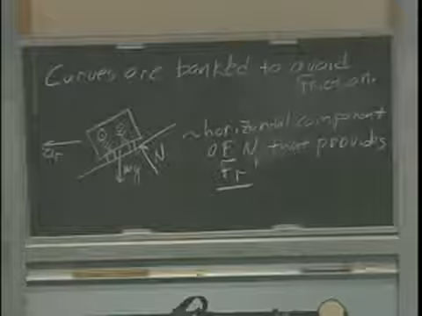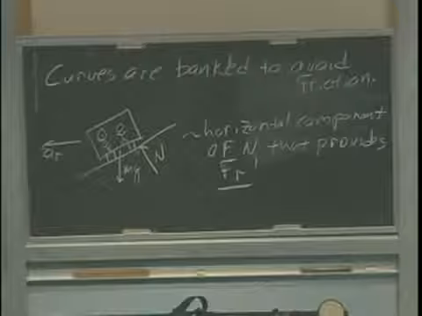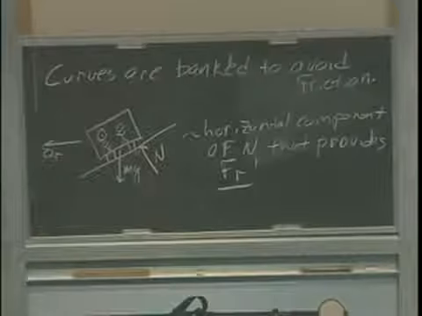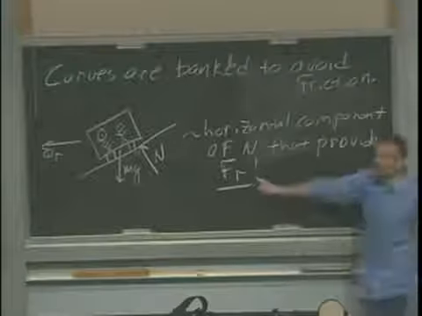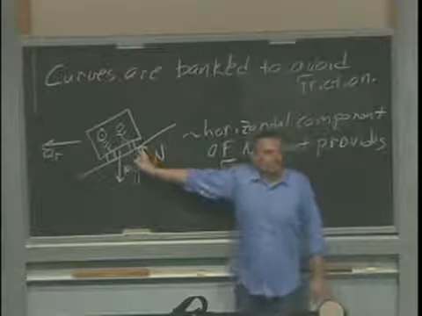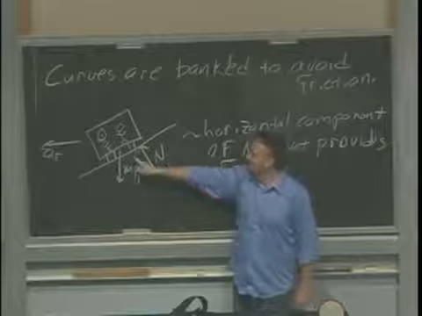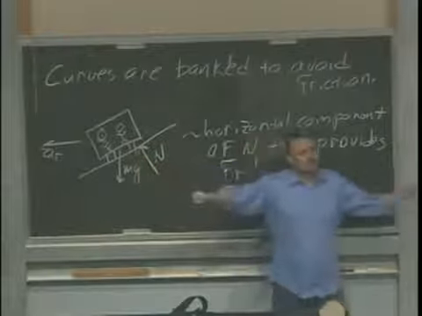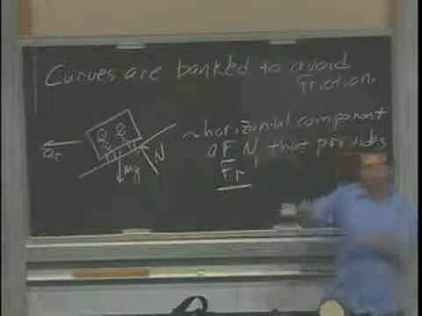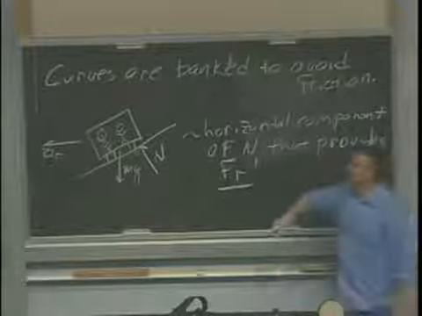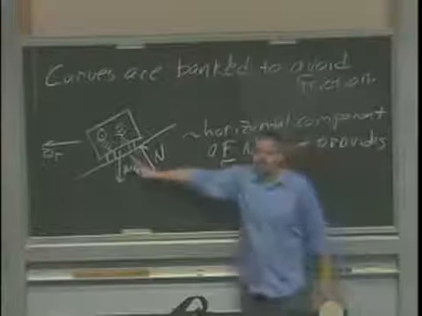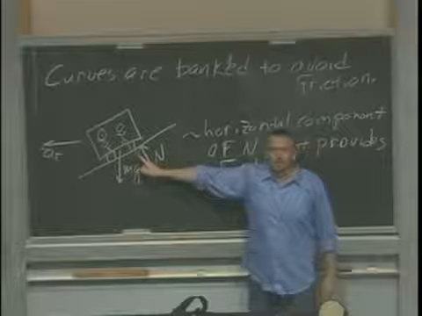That's because they designed this curve so that a car going around it at 50 kilometers per hour needs 0 friction in order to go around that curve. That is the design speed for this curve. They picked the radius of the curve and the bank of the curve so that a car going around it at 50 kilometers per hour only needs the normal force of the road.